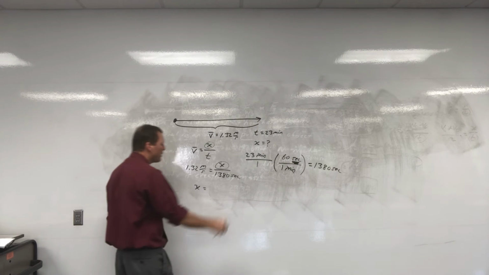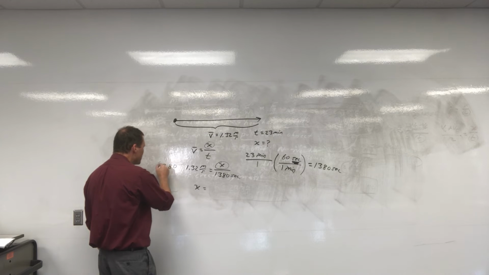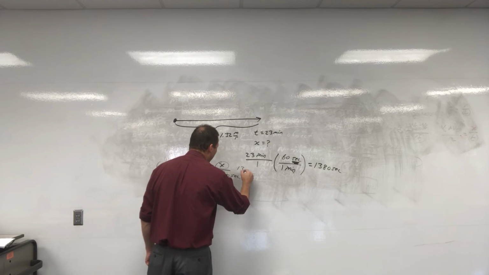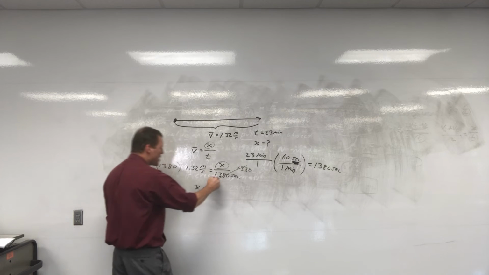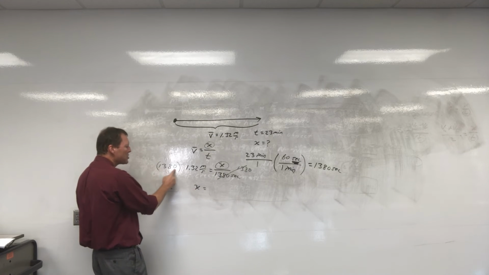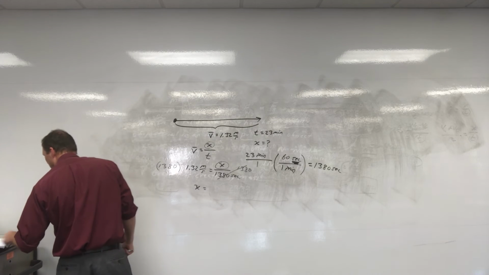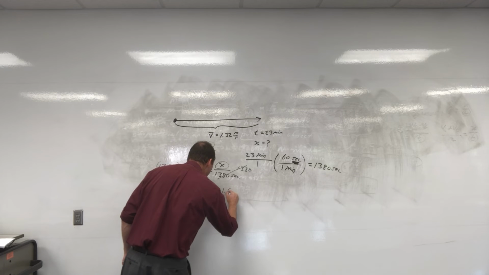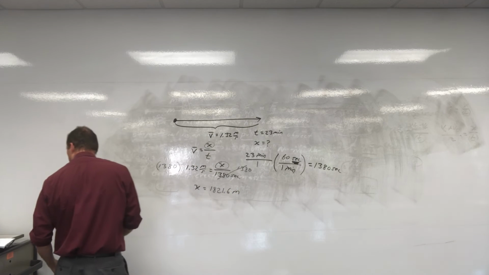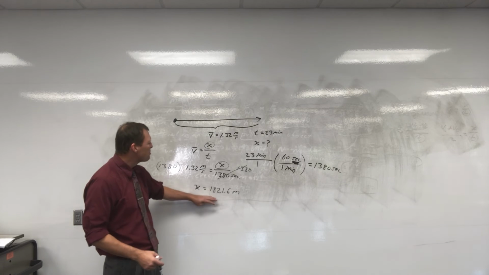I multiply both sides by 1,380, this cancels out, and I'm left with 1,380 times 1.32. When I do that, I get 1821.6 meters.